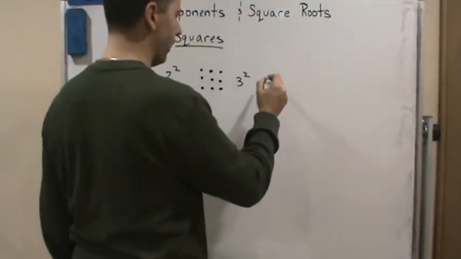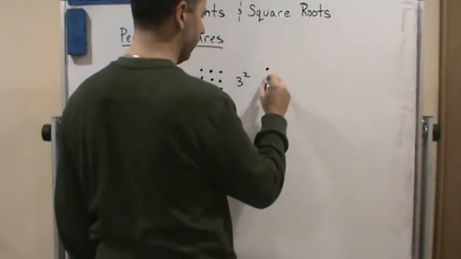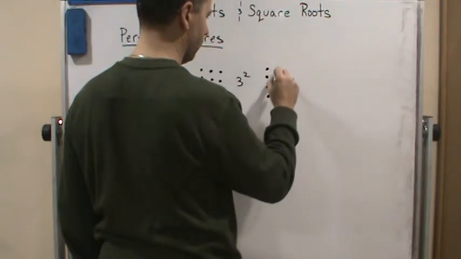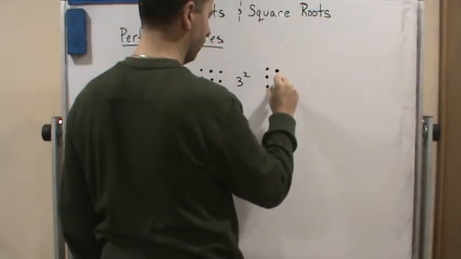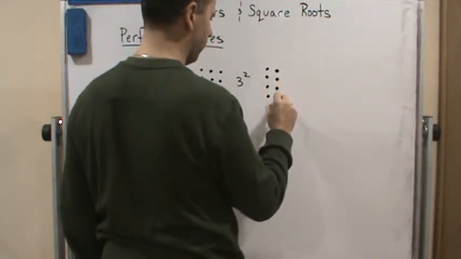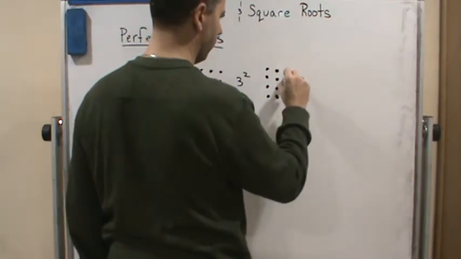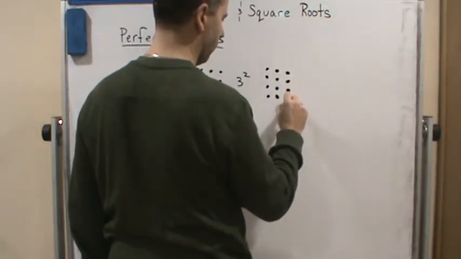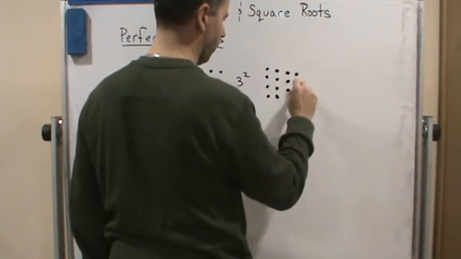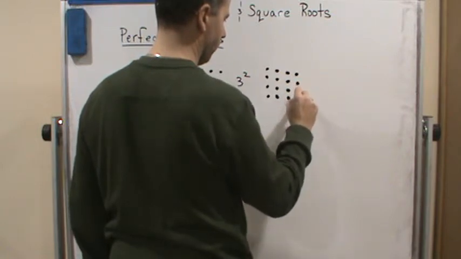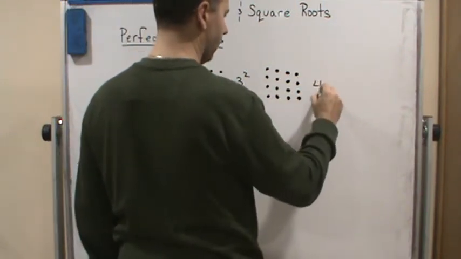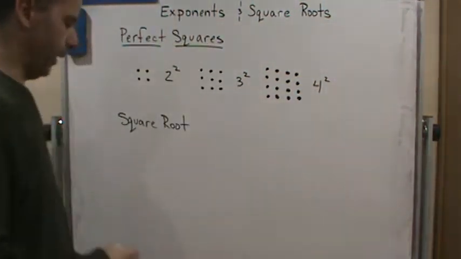And then of course, if we have 4 squared, we have something similar. Okay, and so this would represent 4 squared.